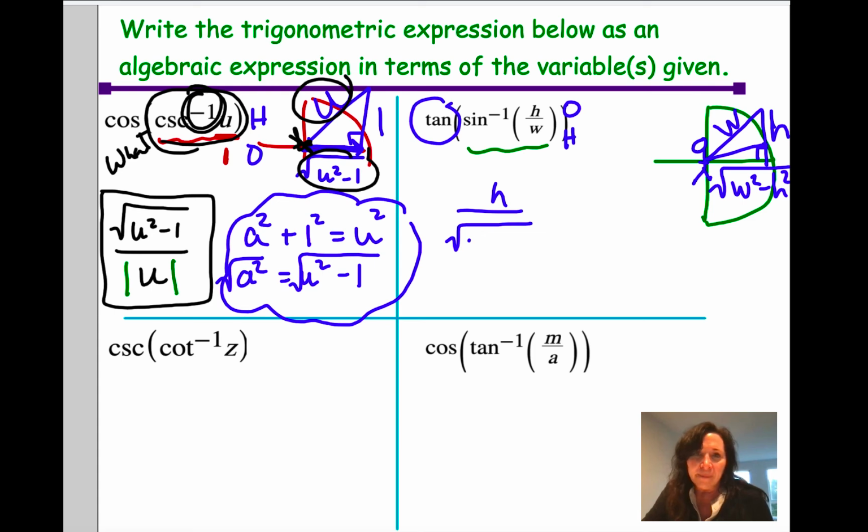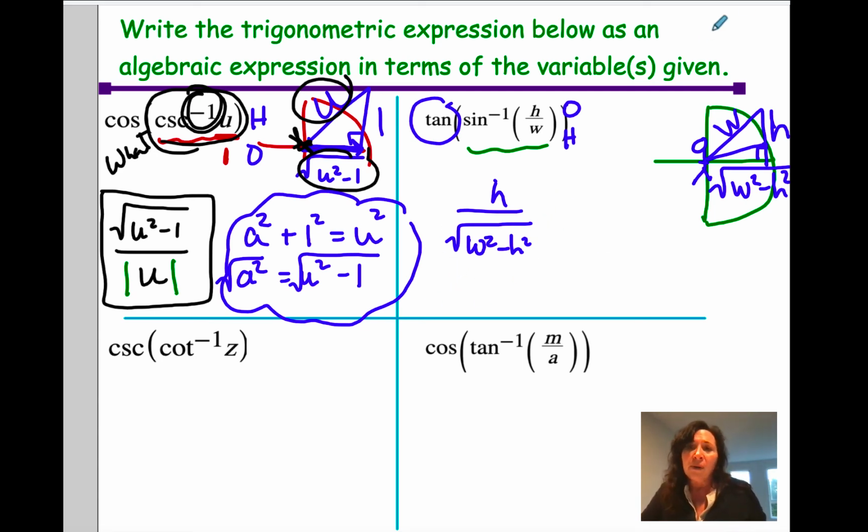And so we've got w squared minus h squared. And so what this is, now this would be my answer if I had to have a root on my denominator. However, I would probably take off maybe 1/4 of a point if you don't rationalize the denominator. And what that means is get rid of the radical sign.